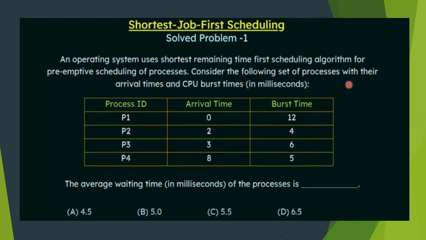Consider the following set of processes with their arrival times and CPU burst times in milliseconds. Process 1 arrives at time 0, it has a burst time of 12, and so on. The average waiting time in milliseconds of the processes is dash. So we shall find out which of these answers is the correct one.